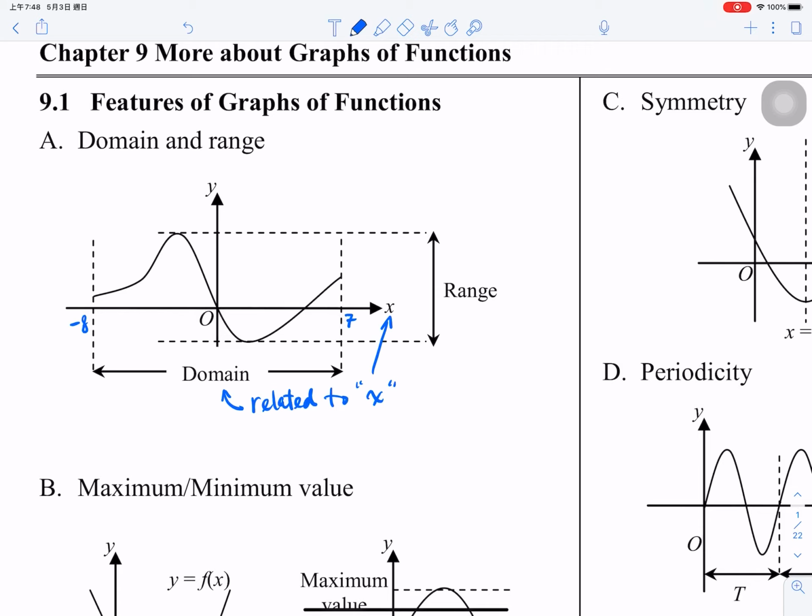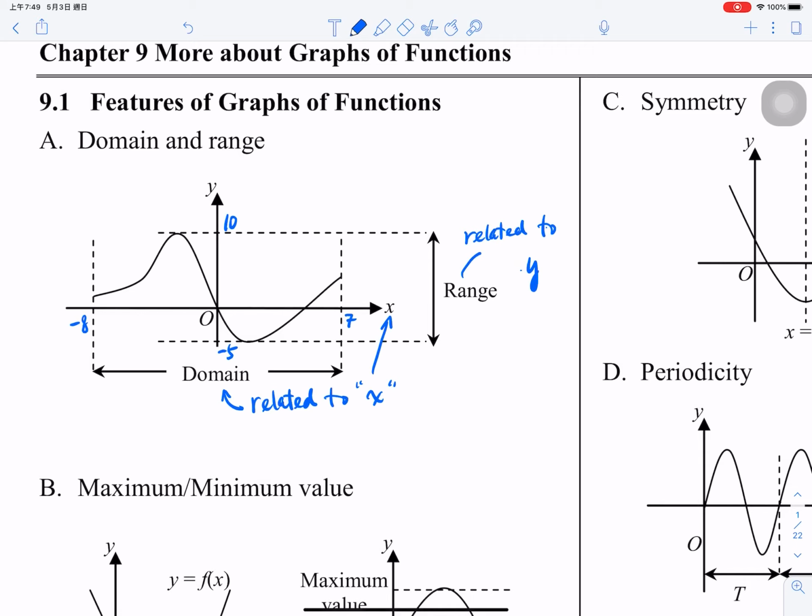Right? How about range? Range, this one related to y, the values of y. For example, if here is 10, that means the maximum value is 10 and the minimum value is -5. Then the range is in between -5 to 10.